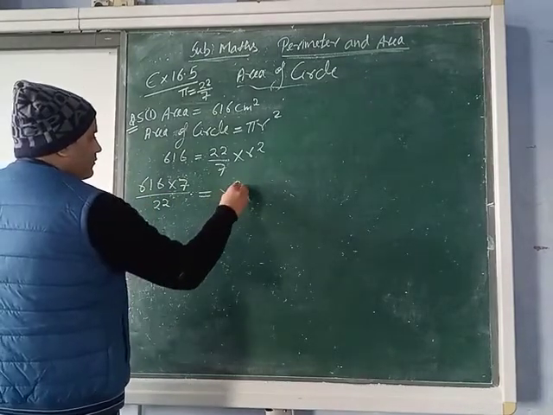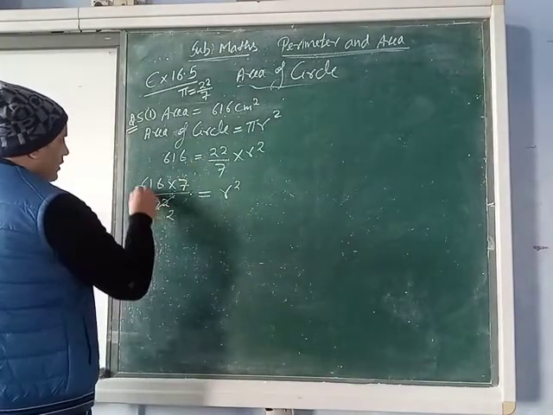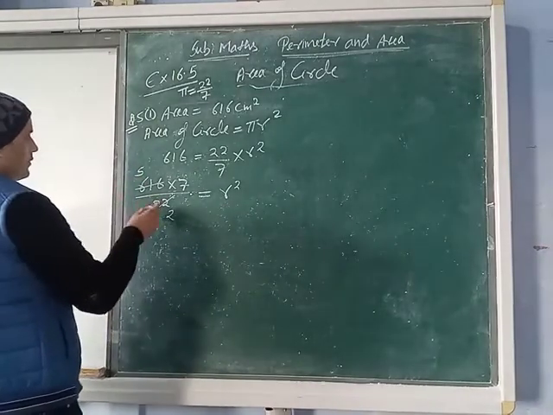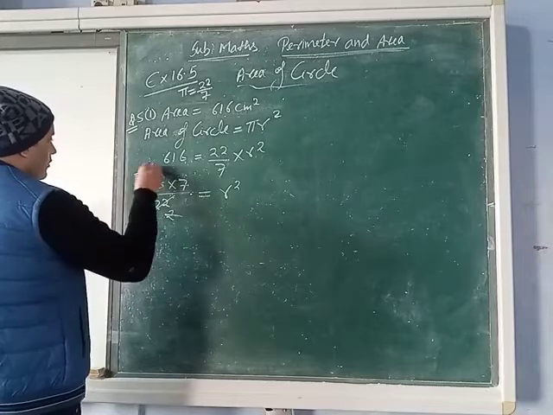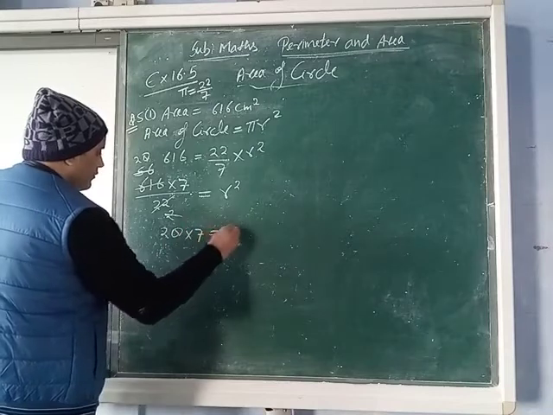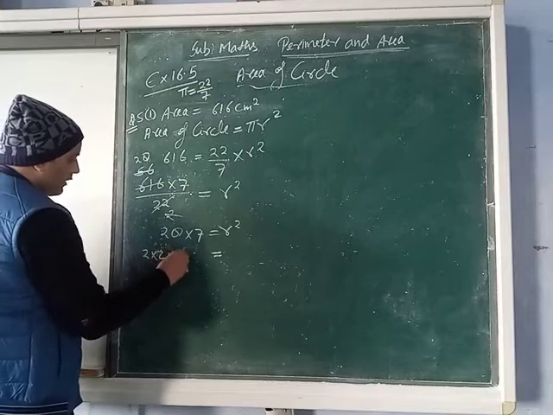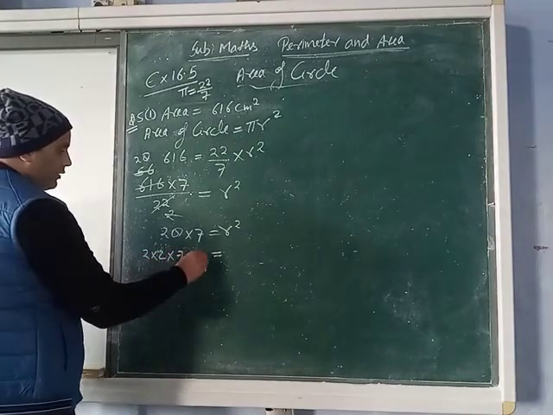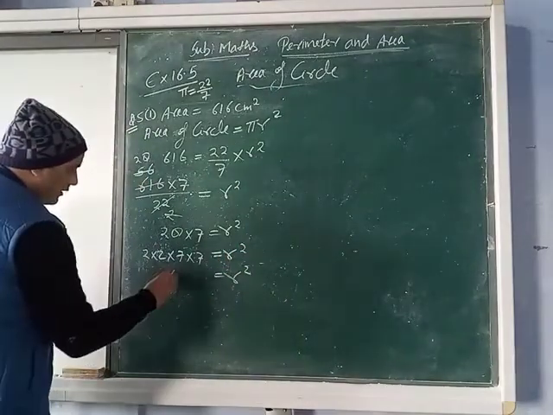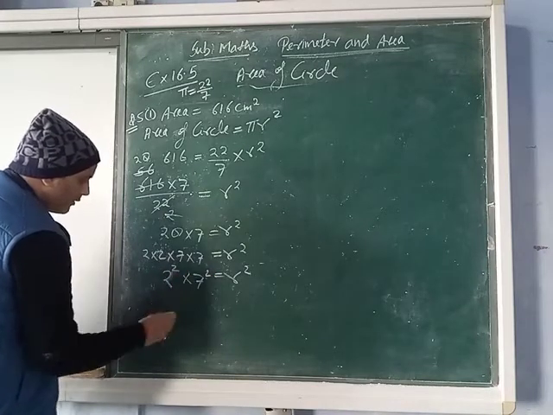Then 7 into 22 is divided. 11 twos are 22, 11 fives are 55, 11 sixes are 66. So r square is 2 into 2 into 7 into 7, or you can write it as 2 power 2, 7 power 2.